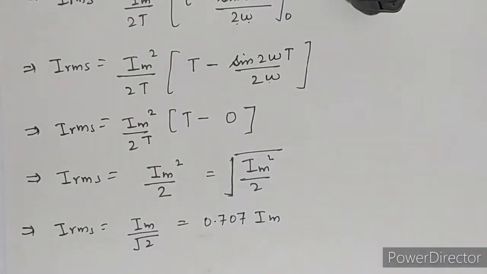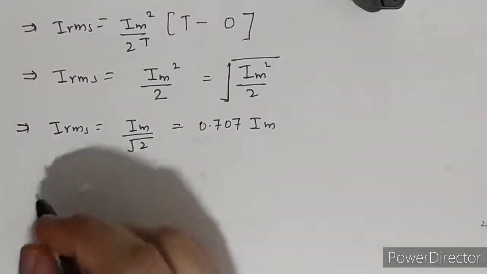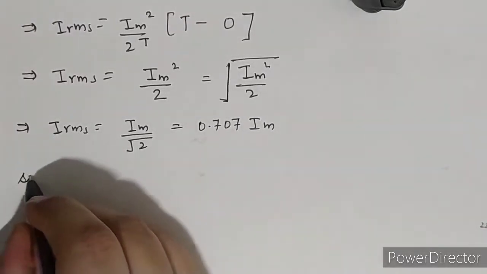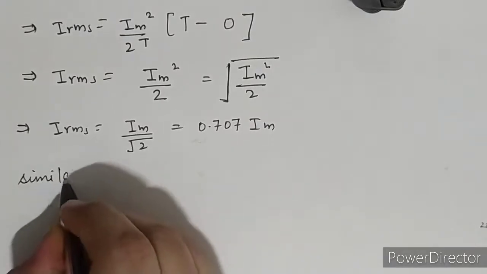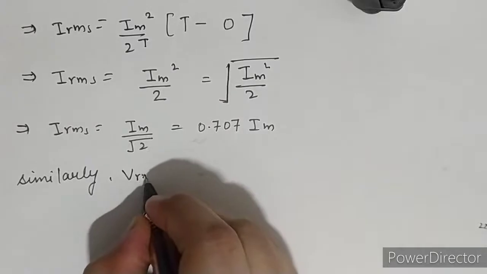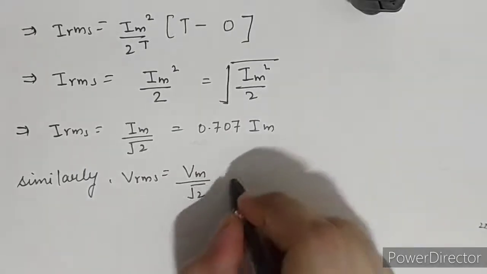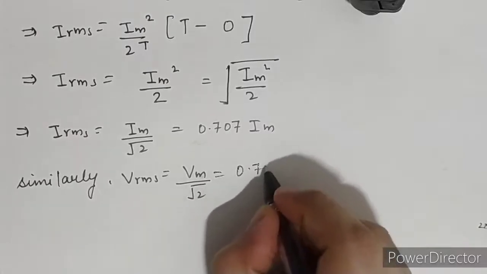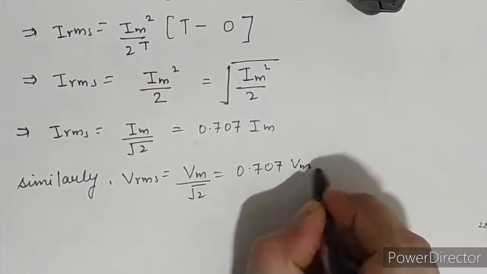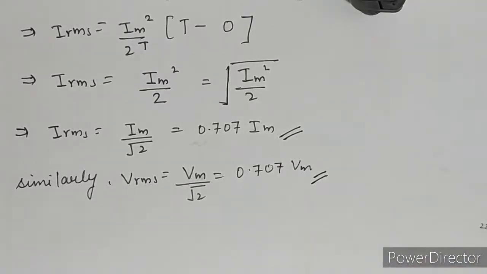Similarly, if we calculate this term for the VRMS, it will be Vm upon root 2, meaning 0.707 Vm. These are the terms for the root mean square value of the current and voltage.